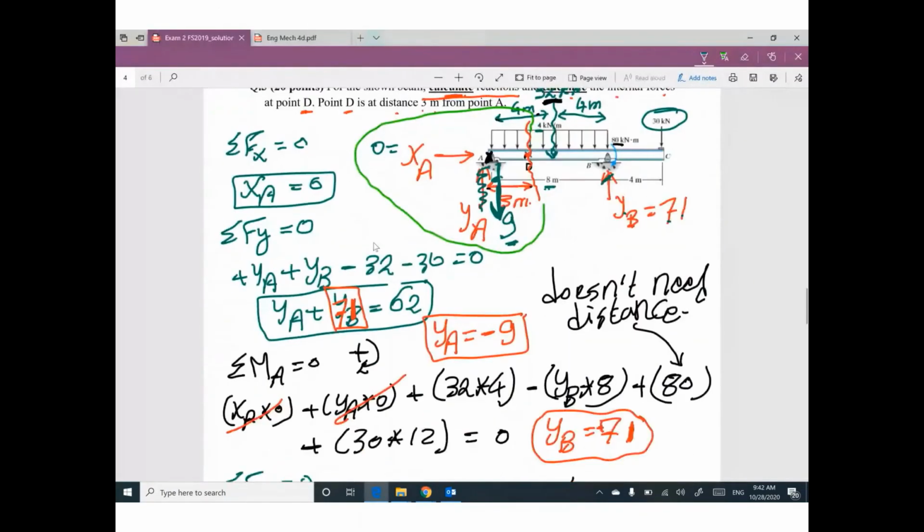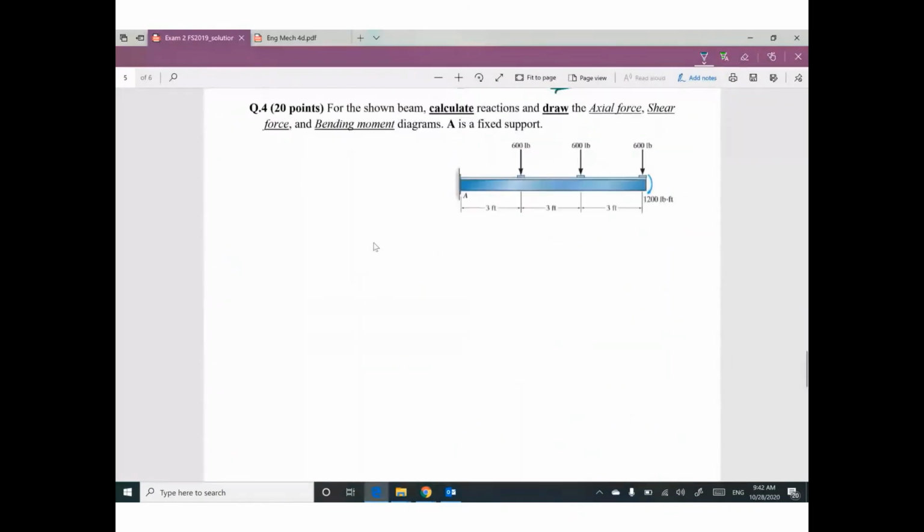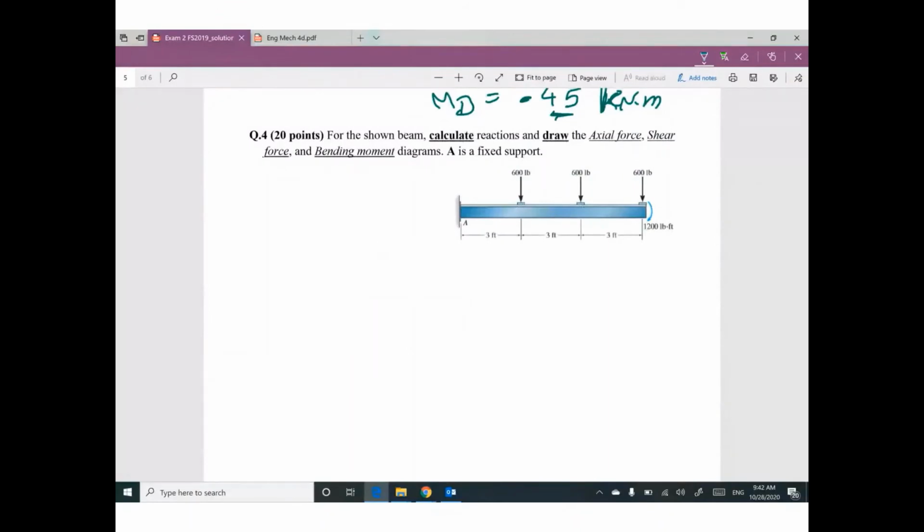Fourth problem. For this one, we need to calculate reactions as a first part. Then we need to draw axial force, shear force, bending moment. So this beam, this problem, we need to draw.